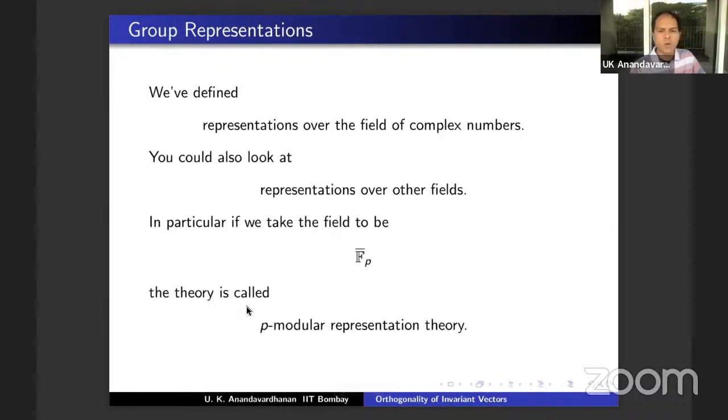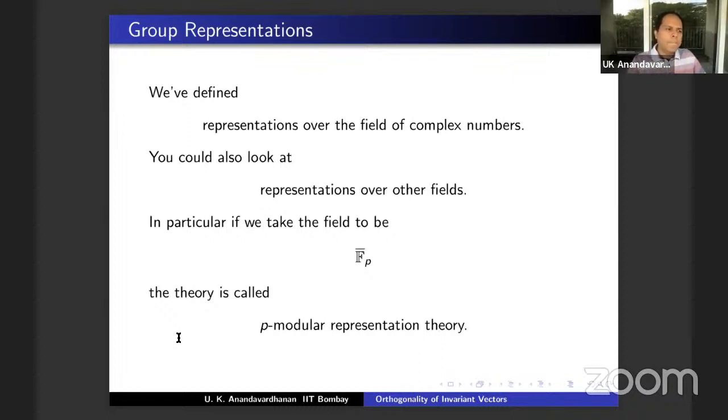It's called p-modular representation theory, because you're fixing a p, you're considering the finite field of p elements, your vector spaces are defined over it, and you are looking at the group action there. So modular representation theory and complex representation theory, which is also called ordinary representation theory.